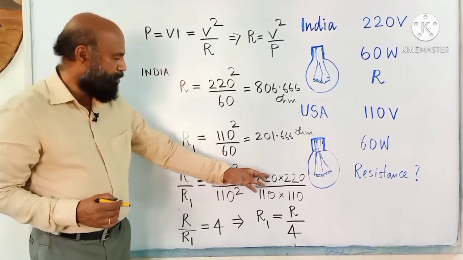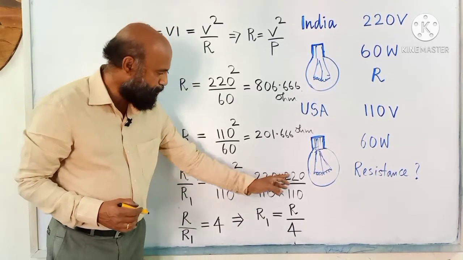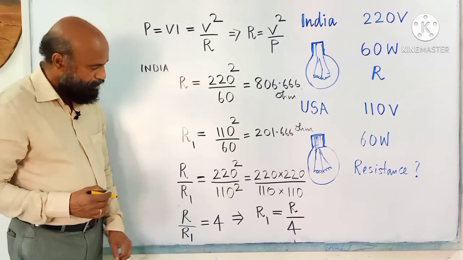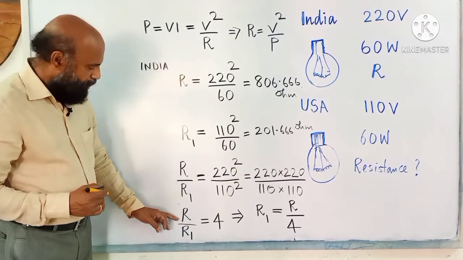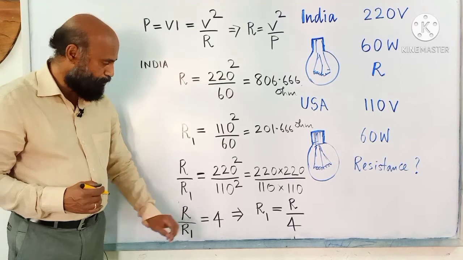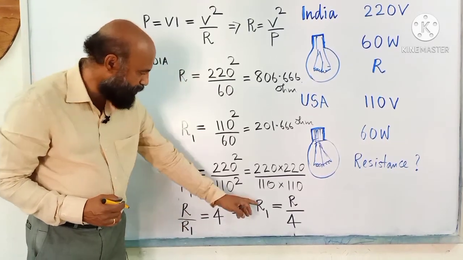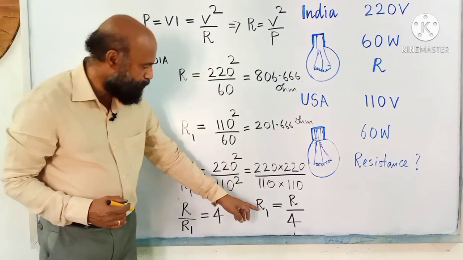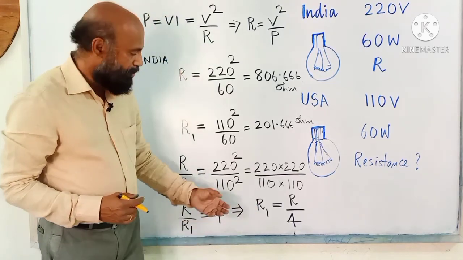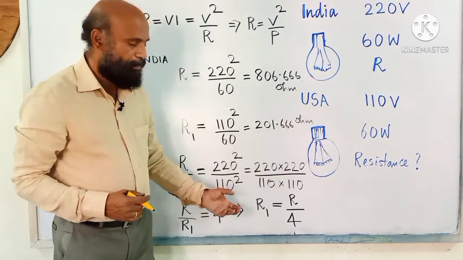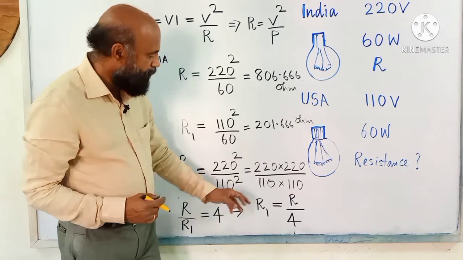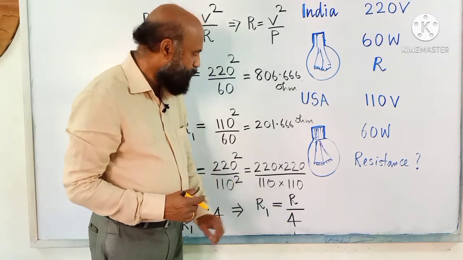After the multiplication and division, you will get 4. Then R by R1 is 4. So if you rearrange, R1 is equal to R by 4. So the resistance of the 60 watt bulb in USA will be equal to R by 4.